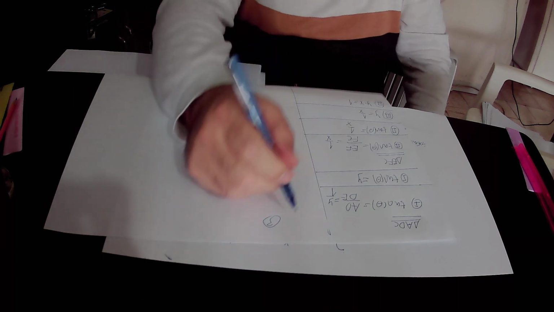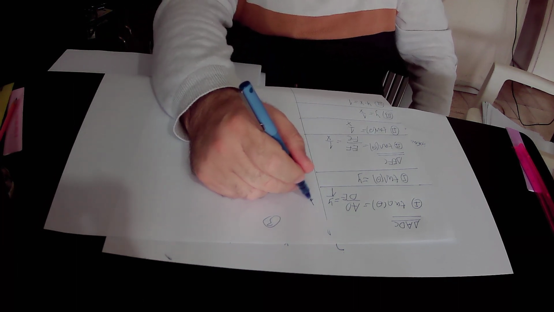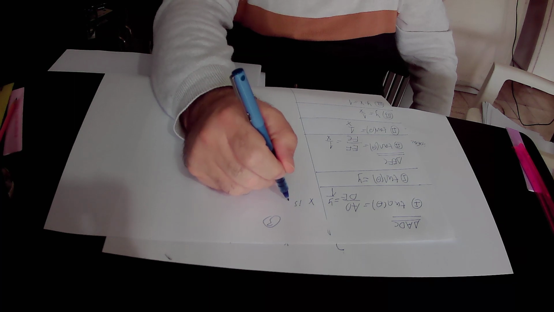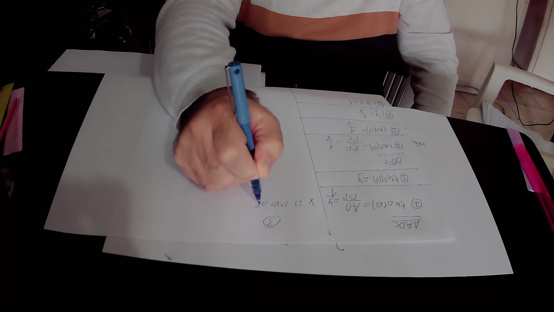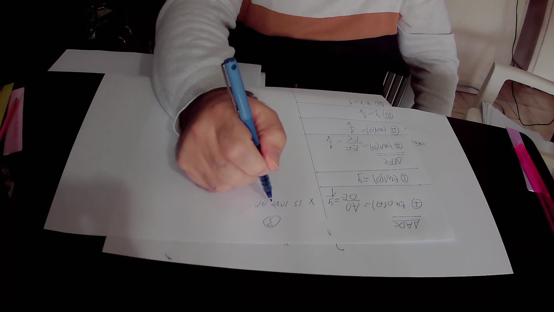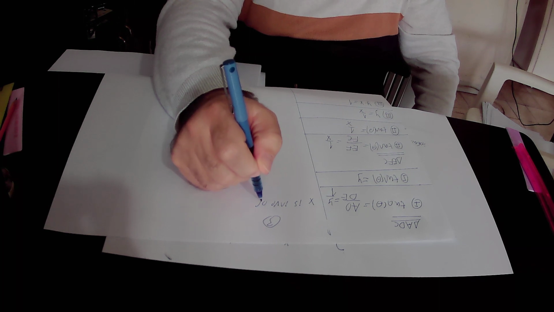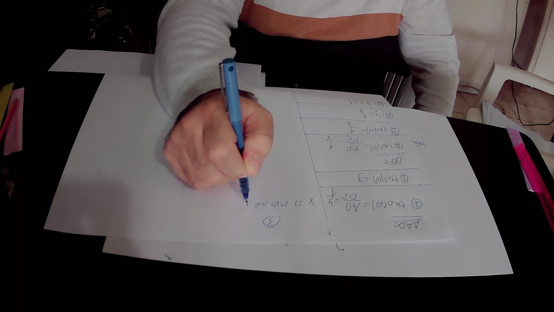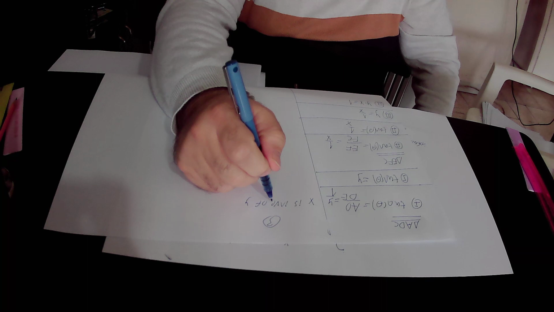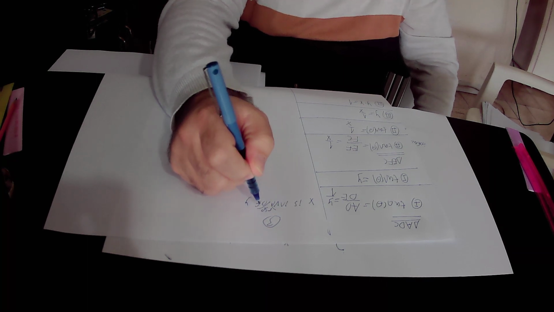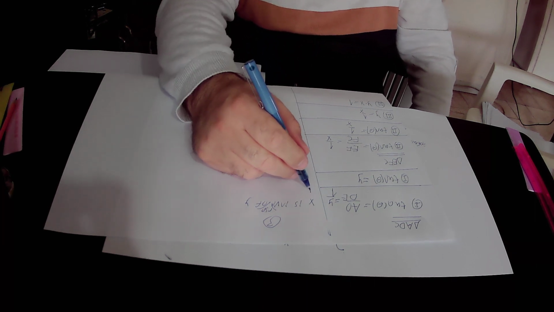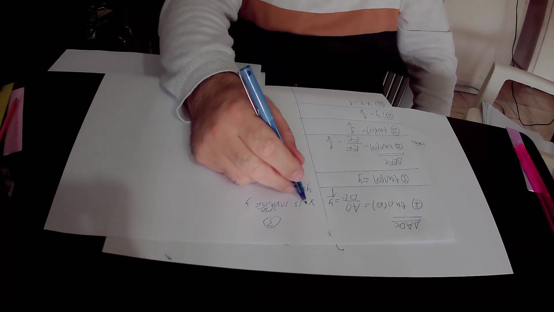So we can write down that x is the inverse number of y, and it's also true to say that y is the inverse number of x.